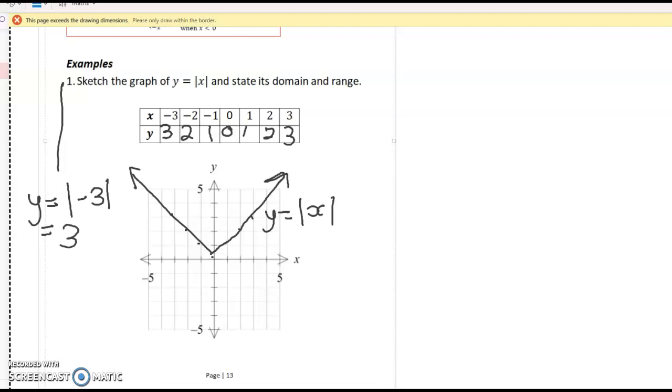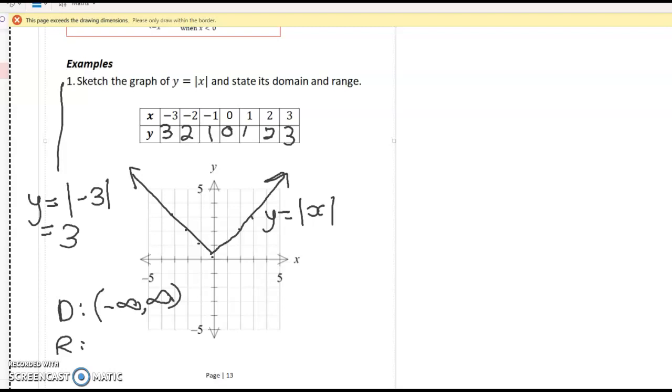Alright, so domain and range. You can see there that the domain is going to be all real x, or negative infinity to positive infinity. So this is our stock standard domain. And our range, this time you can see it goes down to 0.